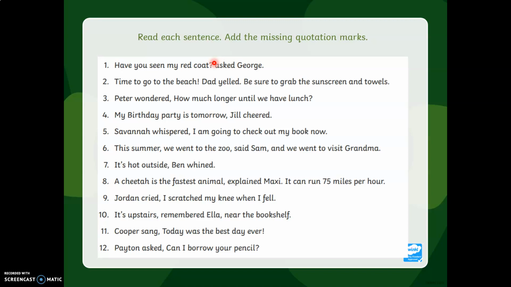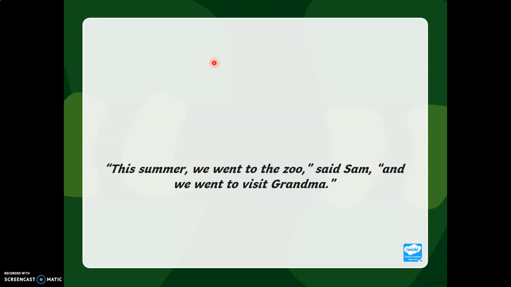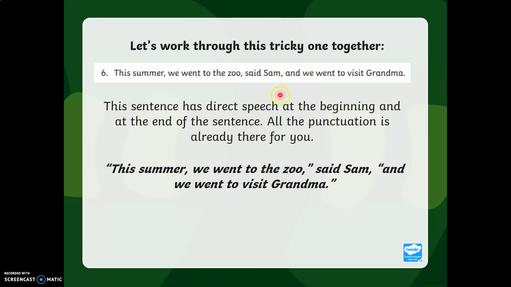We're going to have a look at number 6, which is a little bit of a tricky one. This one, even though it's one sentence, has two parts of direct speech in it. The first part is, "This summer we went to the zoo," said Sam. And then the second part of the direct speech, "We went to visit Grandma." So let's have a look at how we would punctuate this sentence.